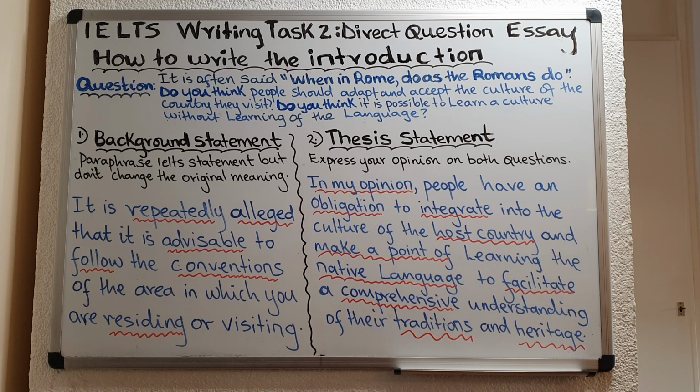After that, you need to explain the proverb in your own words. When in Rome, do as the Romans do. It is advisable to follow the conventions of the area in which you are residing or visiting. So that is the background statement.